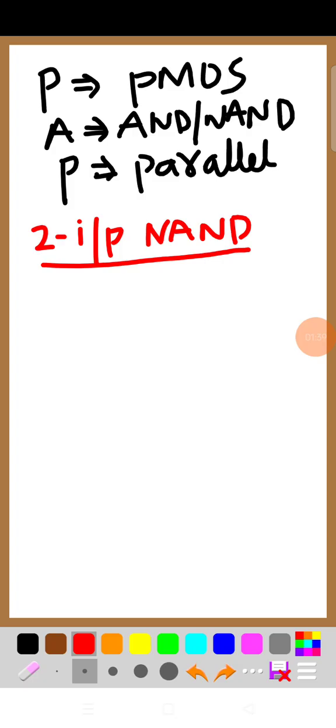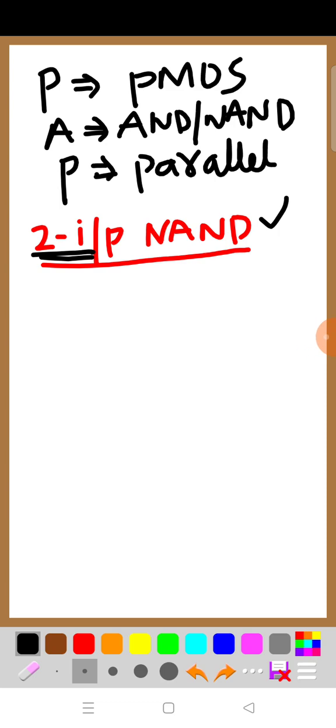Is it okay? Now observe, let us consider this example. We have to design a 2 input NAND gate using CMOS. Since 2 inputs are given, how many transistors are required, PMOS and NMOS? Absolutely, 2 PMOS transistors and 2 NMOS transistors are required. Now you can observe how to design it.